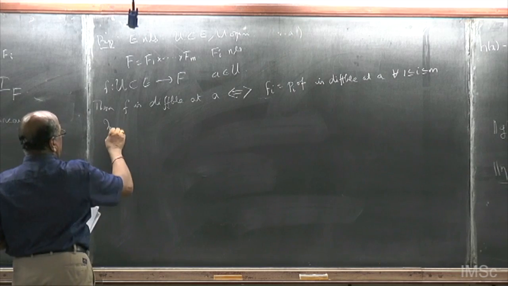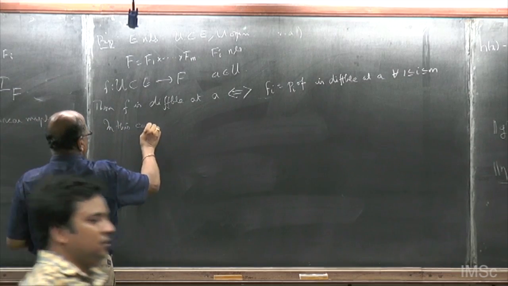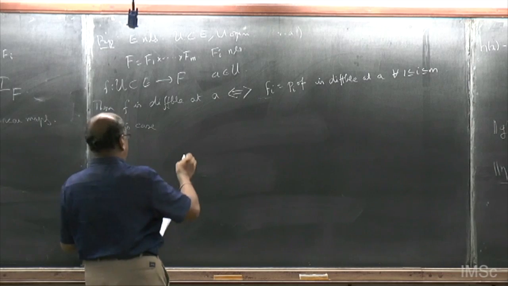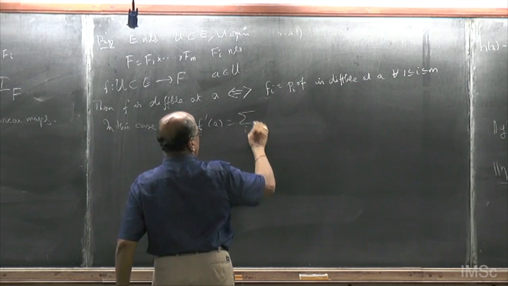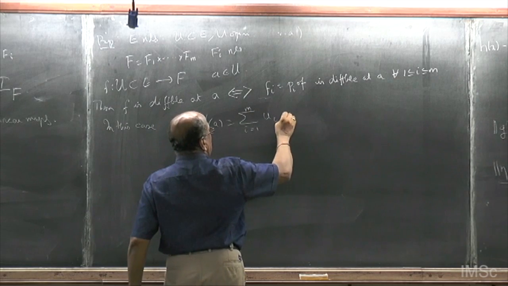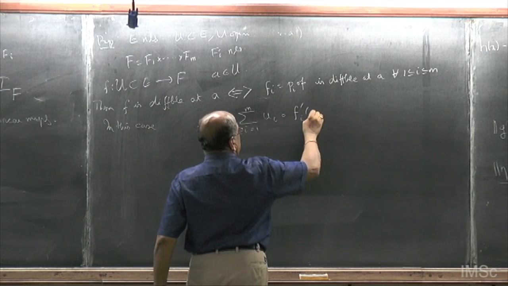And in this case, f dash a equals the sum over i equals 1 to m of ui composed with fi dash a.